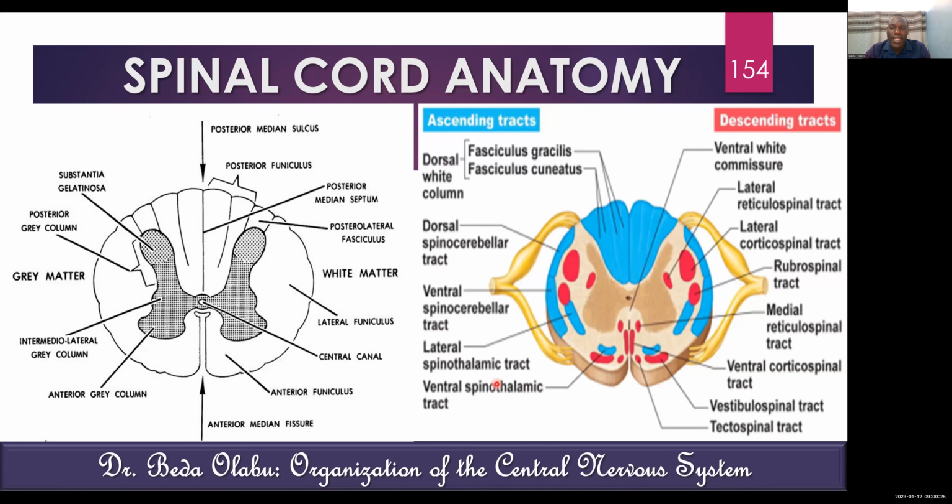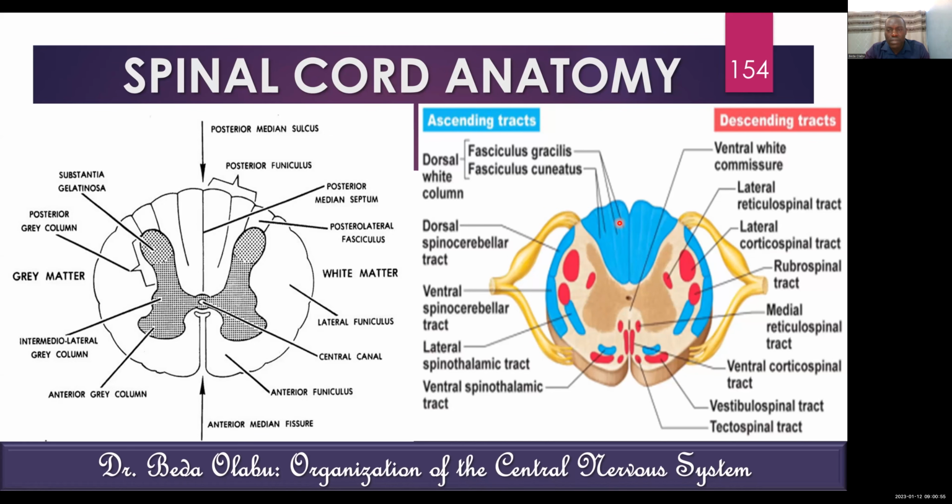I don't feel this is the correct lecture to talk about the various tracts of the spinal cord, but you may have listened to that in the long lecture that I gave. That's good enough. There are still specific lectures of the spinal cord that focus on tracts. There are lectures that focus on ascending tracts, and there are lectures that focus on descending tracts.